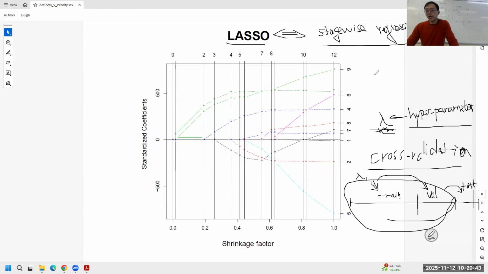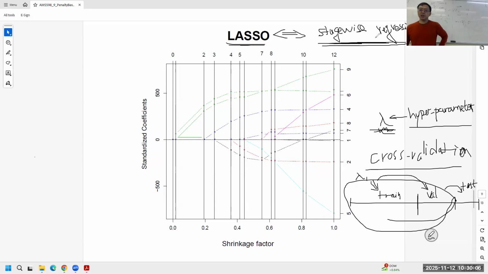For model selection, there are different methods: forward selection, backward selection, which are sort of subset selection, and this so-called stage-wise selection. Lasso regression indeed corresponds to stage-wise regression.